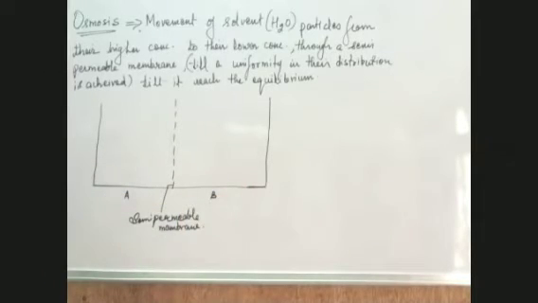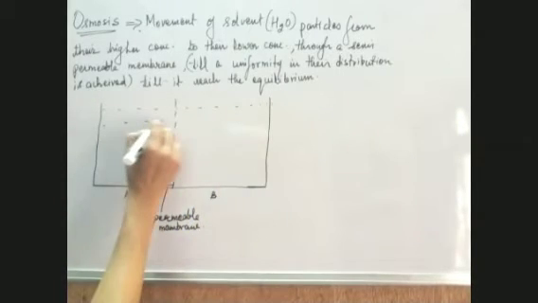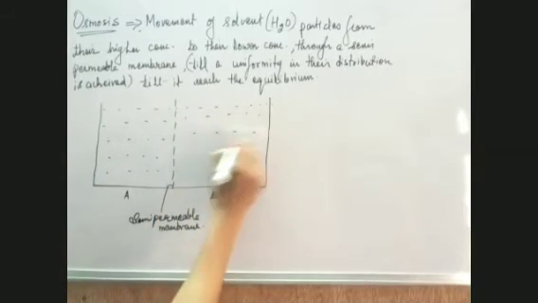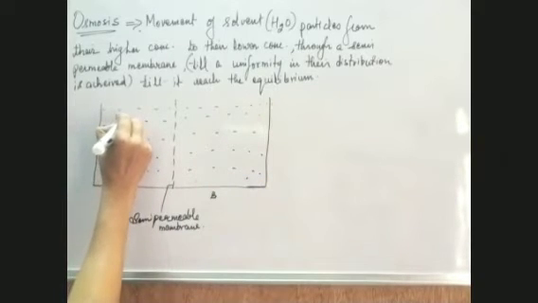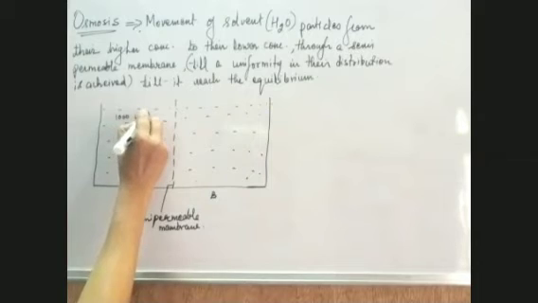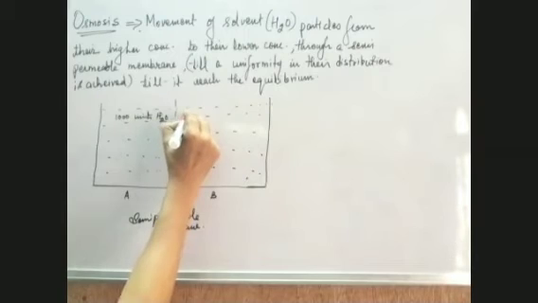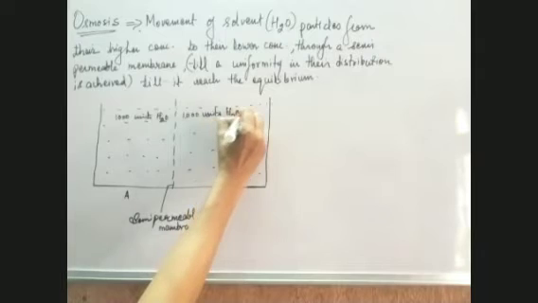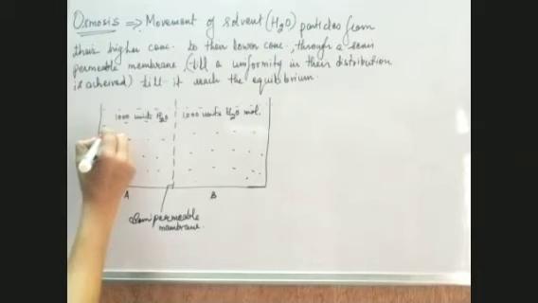Now what happens? Suppose we have filled both the chambers with water, and the water molecules in both are 1000 units of H2O molecules each. Now in A we have a solute, say 500 units.